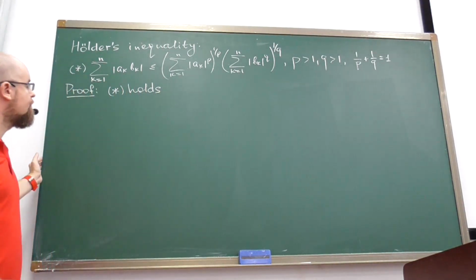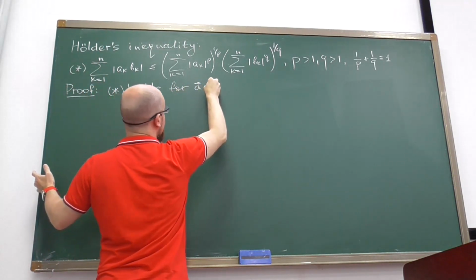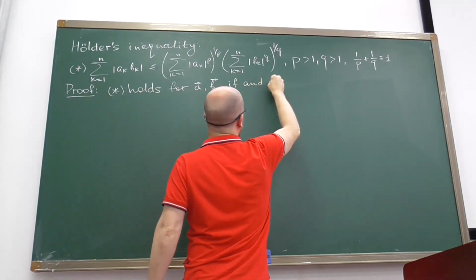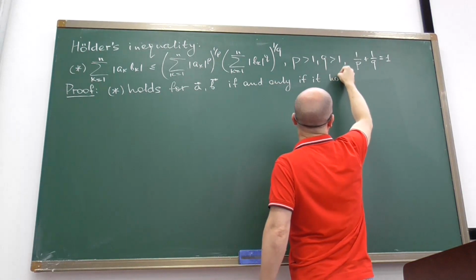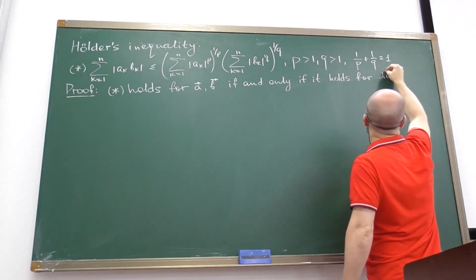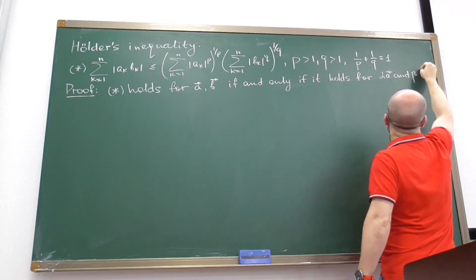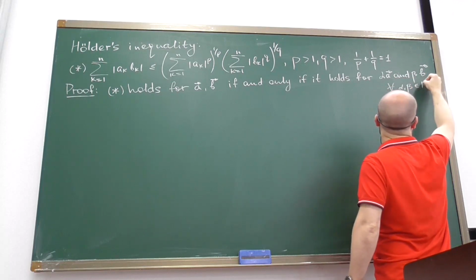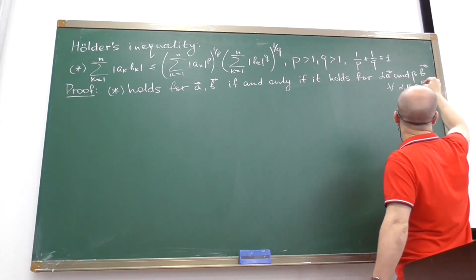So this inequality holds for vector a and vector b if and only if it holds for alpha times a and beta times b for every real numbers alpha and beta.